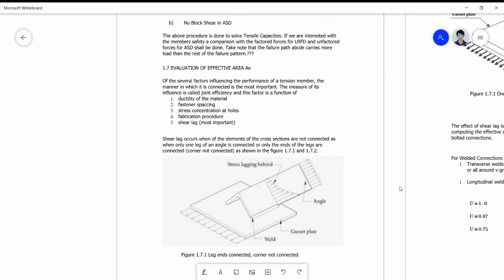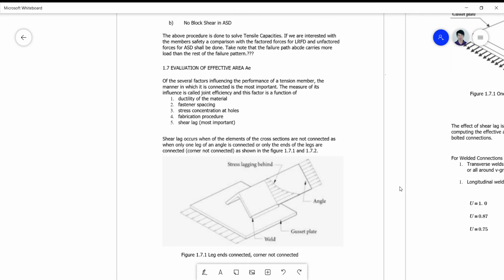So if the bolts are not staggered, then it's easier. That's why my first example gave you the staggered connections to highlight a few concepts on how the critical path or the failure path is determined.